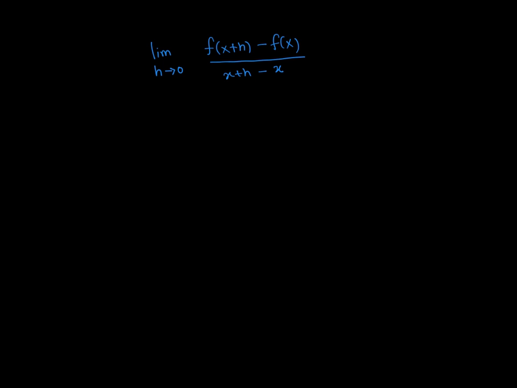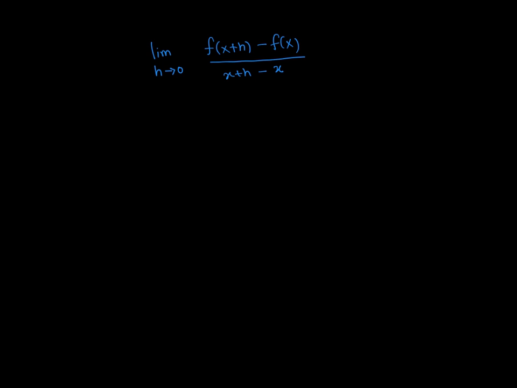And this was basically the expression that would give us the gradient of the pink line. What we were doing is trying to make h approximately equal to 0 so that the pink line behaves like a tangent of the curve at a particular point.